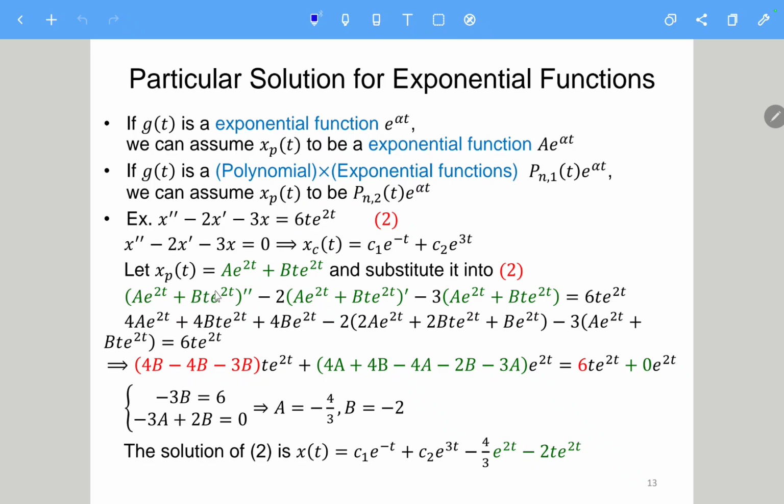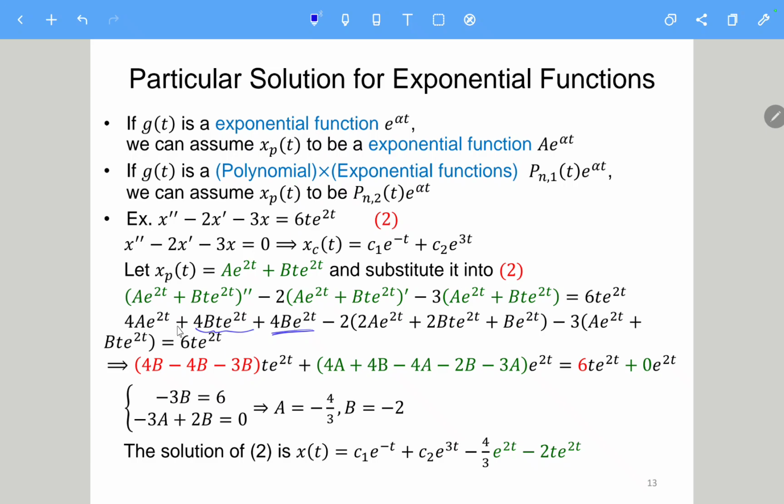Then 2 times the first derivative of this one and the first derivative of this one, so it becomes 4b exponential 2t. And then you also have the second derivative of this one multiplied by t, which becomes this one. Similarly for here, this one goes to these two terms, and then this one is here, this one is here, equals 6t exponential 2t.